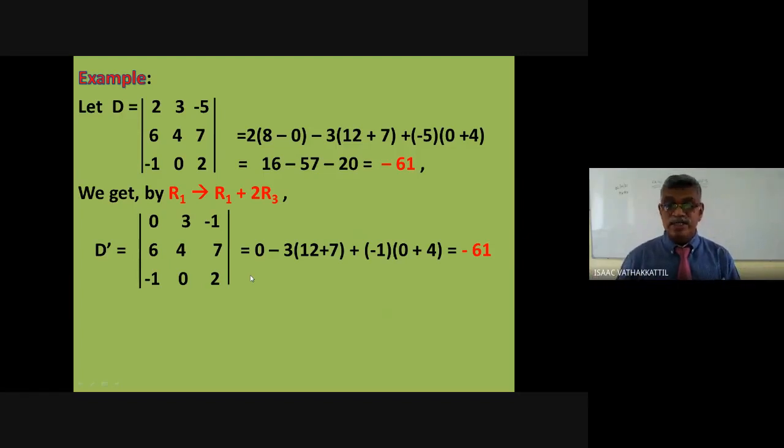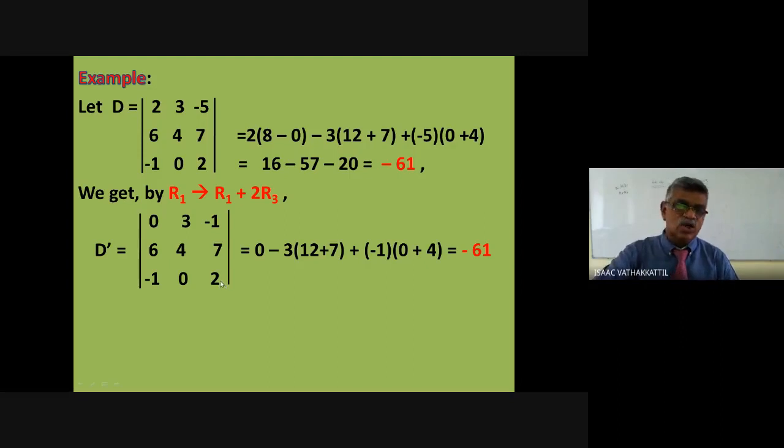It is not like the elementary transformation, where you start with the row transformation, don't change to column transformation. No, here do a row operation. Next time if you want to do say C2 change to C2 plus 3C1 or 3C2, 3C3, I can make this element 0. Possible. And then you can evaluate any time and the value will be same.